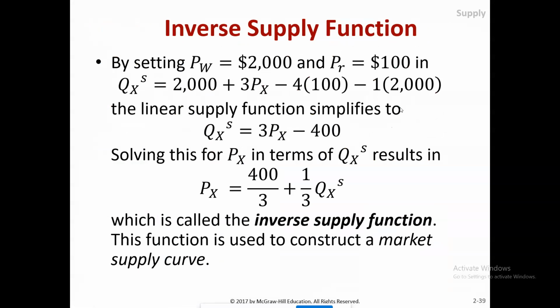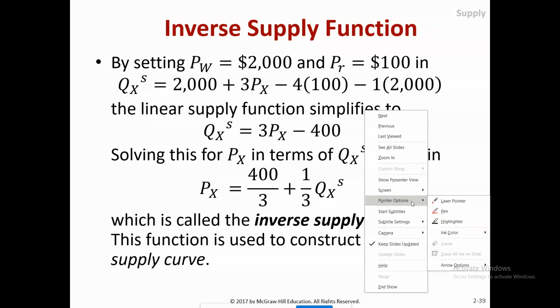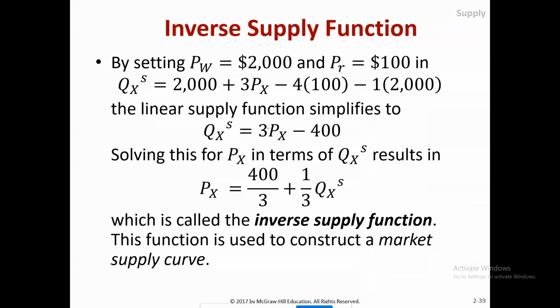Now we can also figure out the inverse supply function. Here, given the price of input and the price of related goods, and only focusing on price of product X and the quantity supplied for X, we can rewrite this as the following. What we do again is leave the price of X by itself.